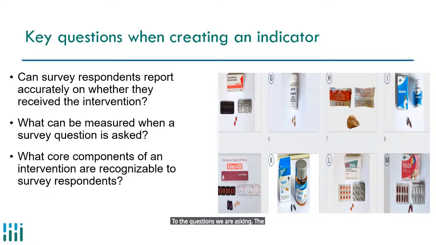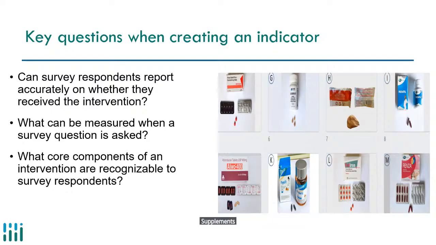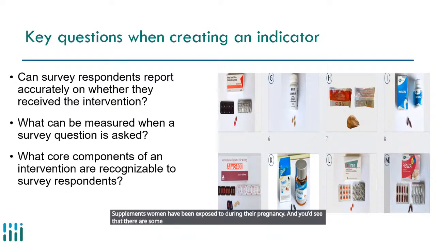The image you see to your right are real-life examples of the different forms of supplements women have been exposed to during their pregnancy. And you'd see that there are some listed as iron containing, but they are not. So we need to understand that we are talking about similar products when we are asking our questions. Next slide, please.